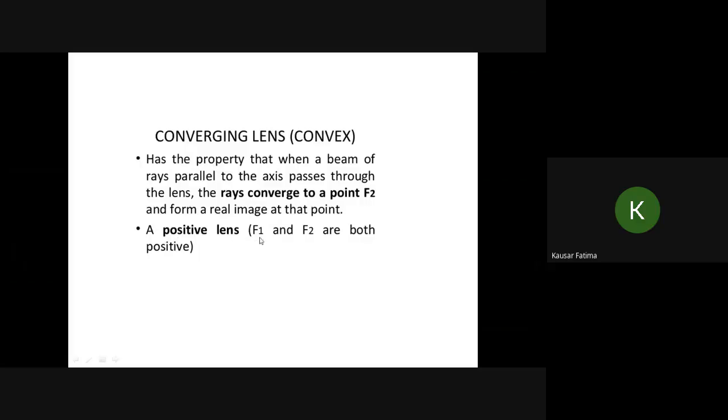For a positive lens, f1 and f2 are both positive. It means a convex lens has real principal foci; the focal points, where parallel rays of light get focused, are real.